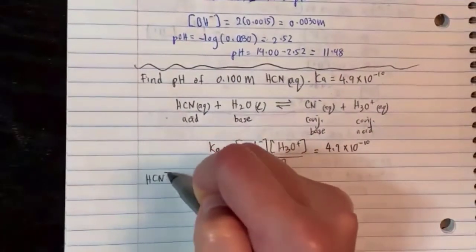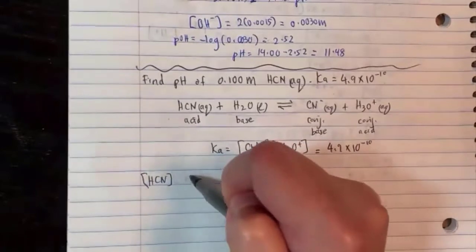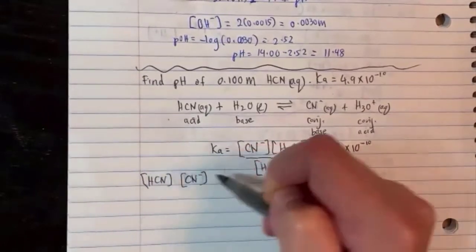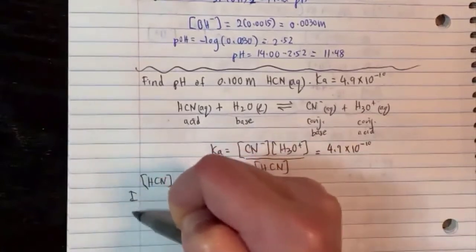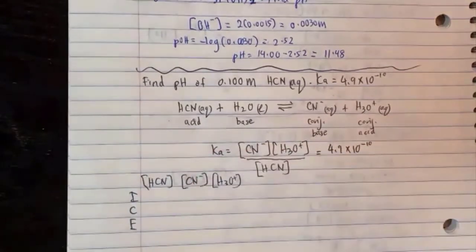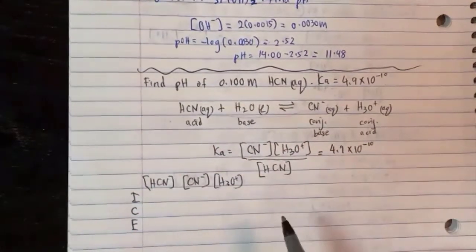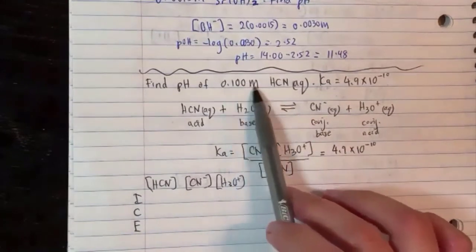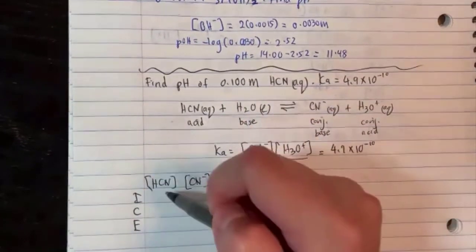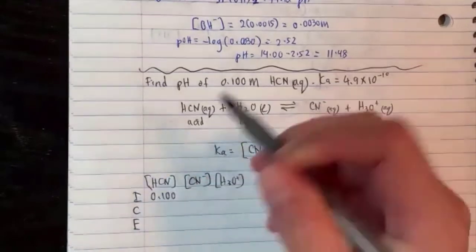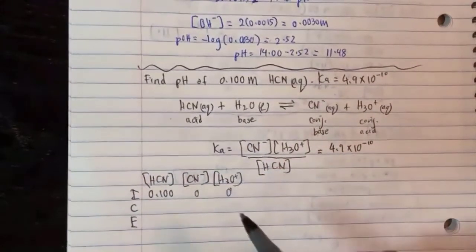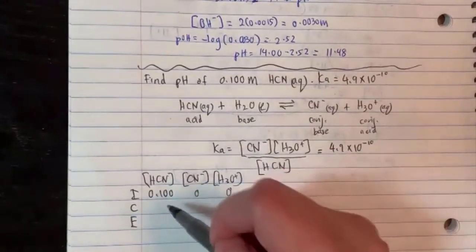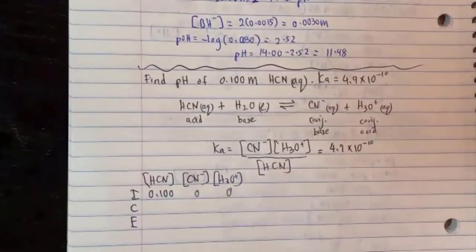So HCN, CN negative, H3O plus, ICE. Initially, all you have is 0.1 of your acid, so you put in 0.1. The other guys are not mentioned, so they're zeros. Then we have to know the direction of the change. We always go towards the side that's 0.